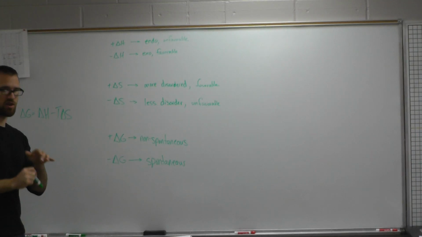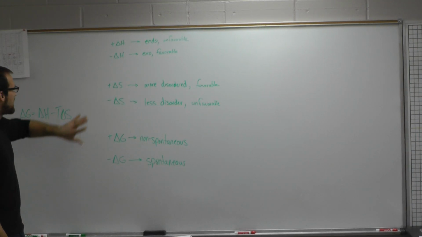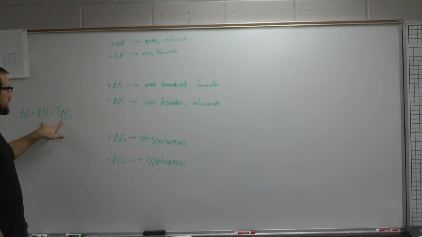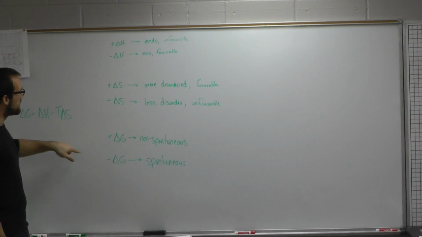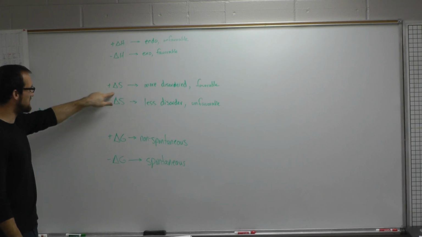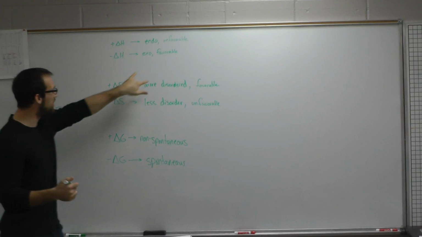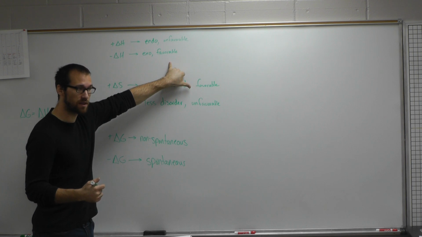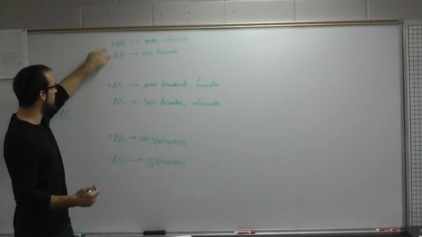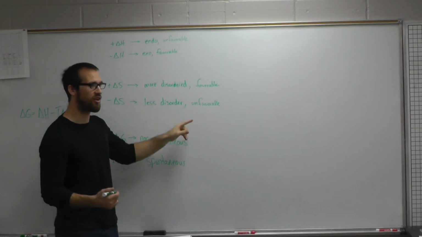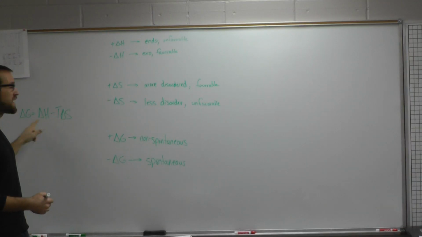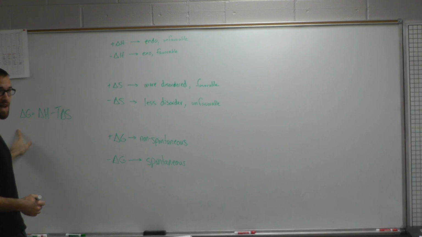And I gave you the chart the other day that said these two things go into here. If it's negative H, positive S, always spontaneous, because you're taking two favorable things and putting them in the same equation. If it's positive H and negative S, you're taking two unfavorable things and putting them in here, you're going to get an unfavorable or nonspontaneous reaction.